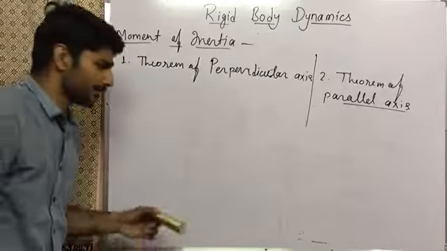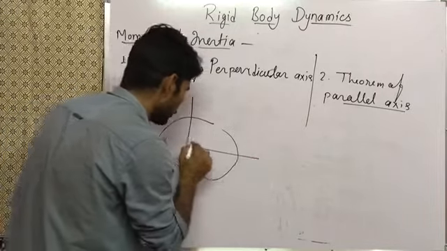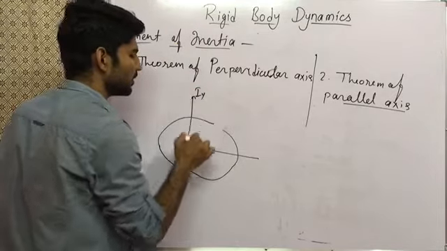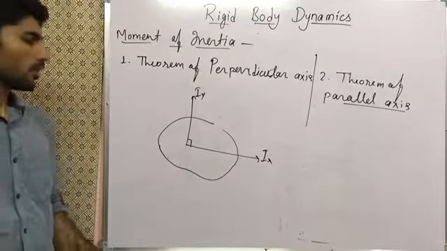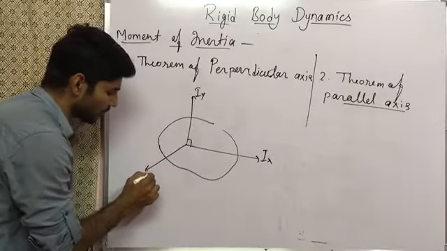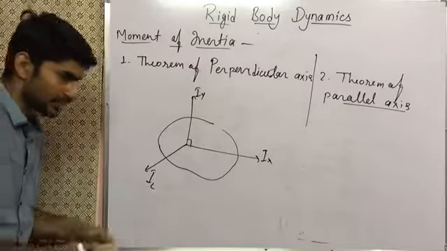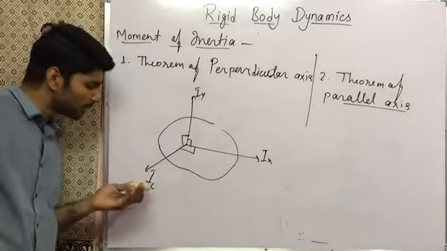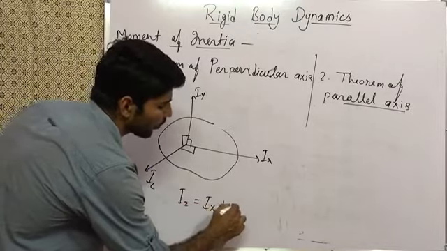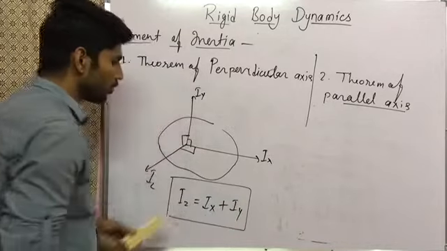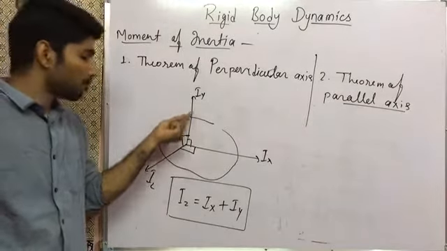The theorem of perpendicular axis says that if in a rigid body we have two perpendicular axes, with moment of inertia Iy about one axis and Ix about the other, and a third axis perpendicular to both of these axes with moment of inertia Iz, then the moment of inertia about the third axis Iz is given as the sum of the moments of inertia about the two perpendicular axes.